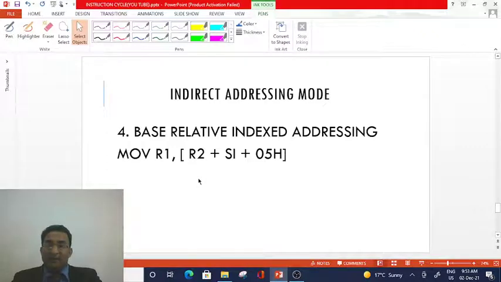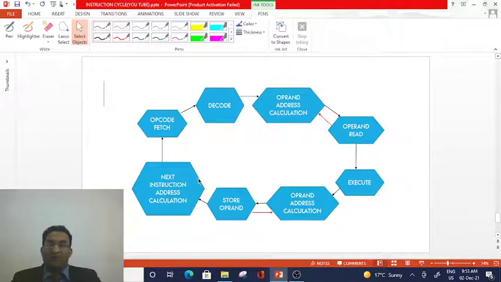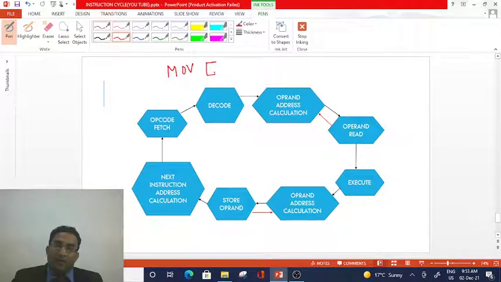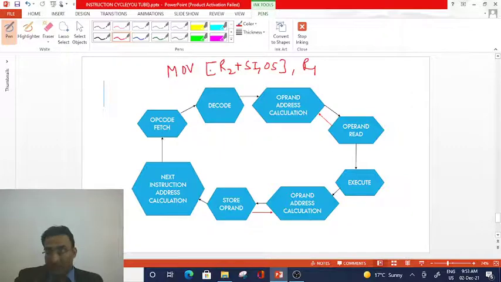Now let us go through one instruction. Let us suppose we have move R2 plus SI plus 05 comma R1. This instruction means I have to move the value of the R1 register to this particular memory location. But before transferring the value of R1 to this memory location, I first have to do the address calculation.